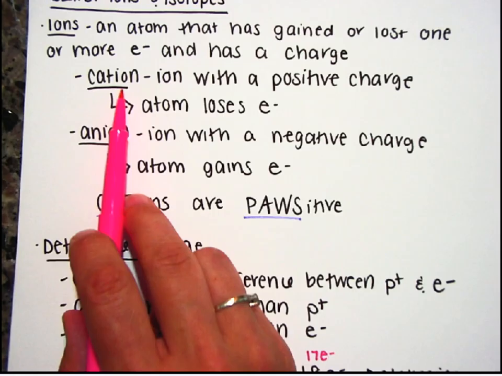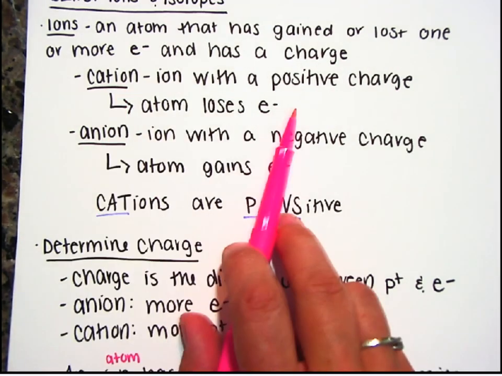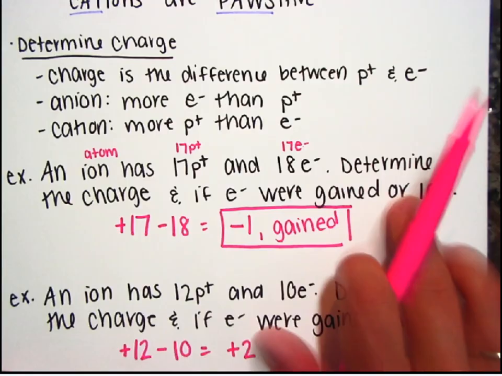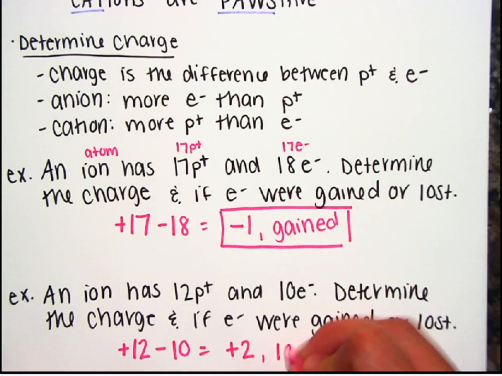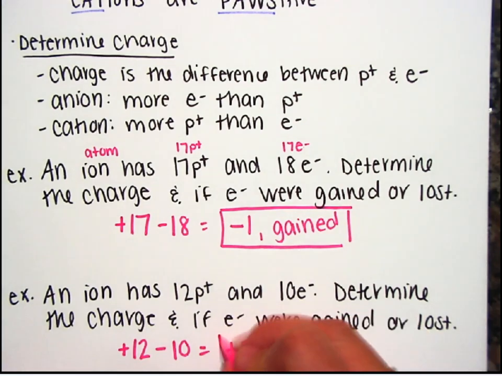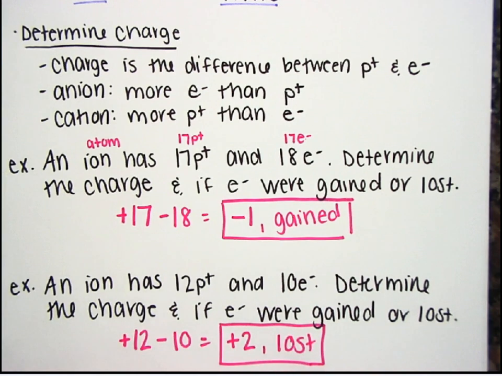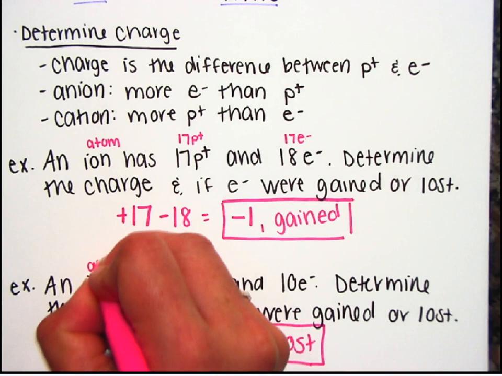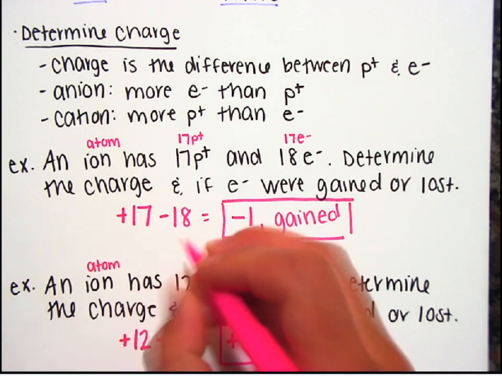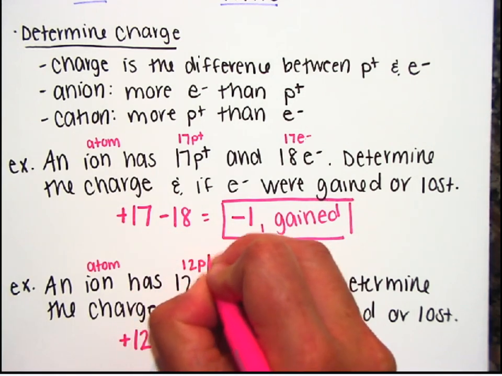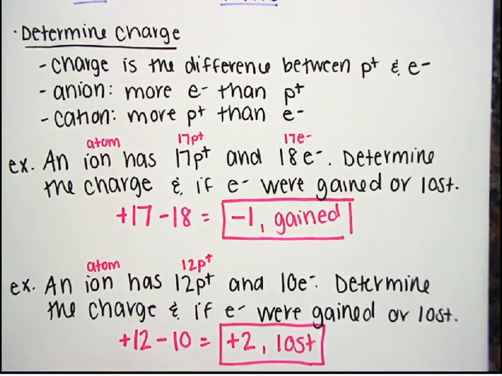If I have a cation, a positively charged ion, that means it had to lose electrons. Electrons were lost. And again, we can think about this in terms of what we know about atoms. If this were an atom, the number of protons, we said never, ever, ever changes. I would still have 12 protons.